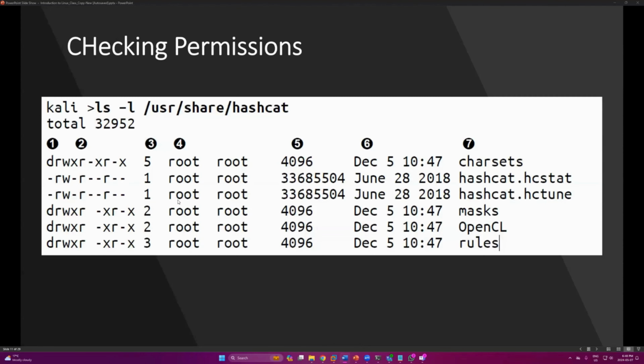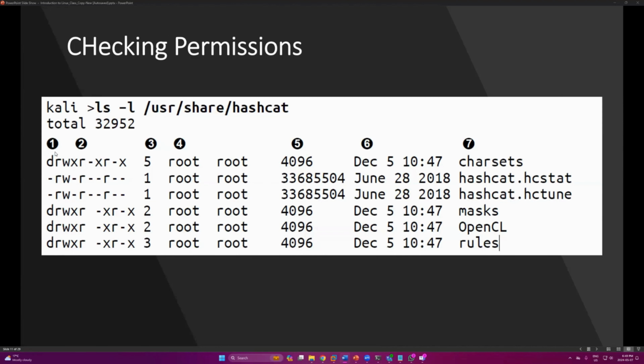If you want to check the permissions, it's actually quite easy. You can use the ls -l option to take a look at the different permissions that each of these files have. So we can see over here, the first one from left to right, the first letter is what tells you whether it's a directory or a file.